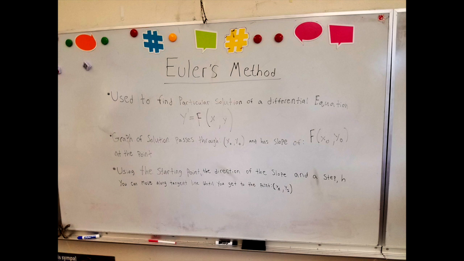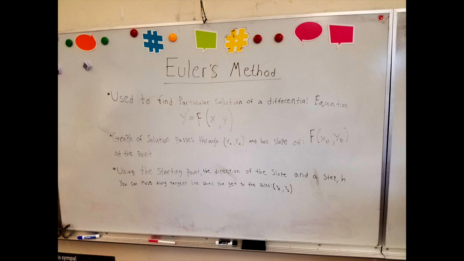So Euler's method is used to find particular solutions of a differential equation given in the form y prime is equal to capital F of x, y. The graph of the solution passes through the point x 0, y 0, and this point also has a slope of capital F of x 0, y 0.